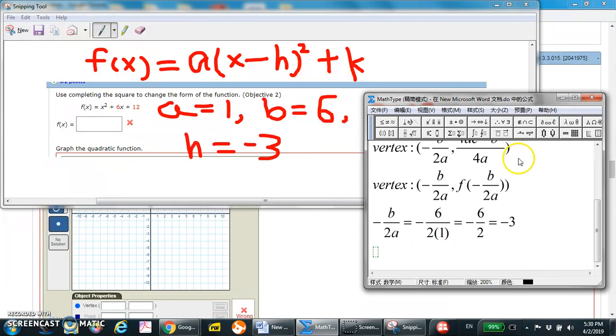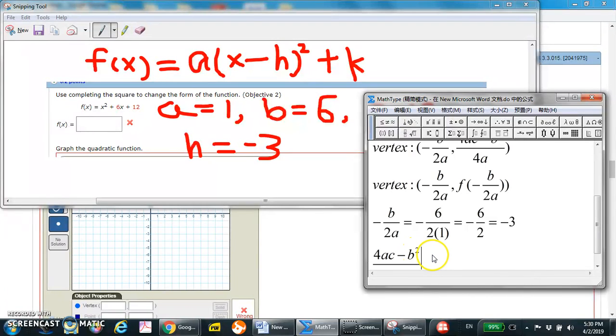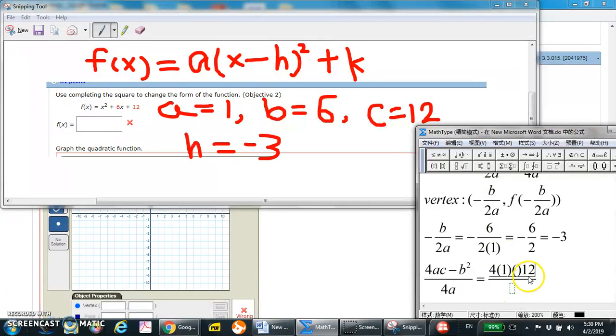Okay, now let's take a look at what about the k. So k can be found by using this formula. So we compute 4 times a and times c, which is 12, minus b squared, so minus 6 squared, and over 4 times 1.